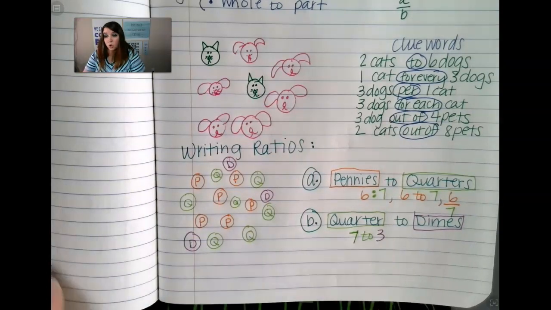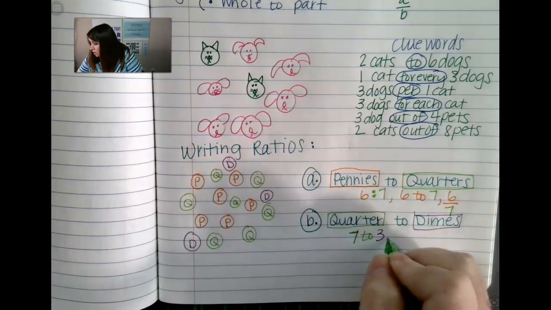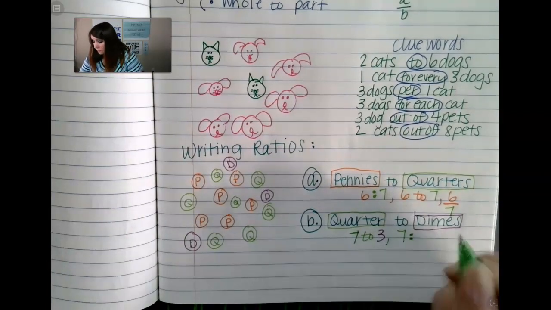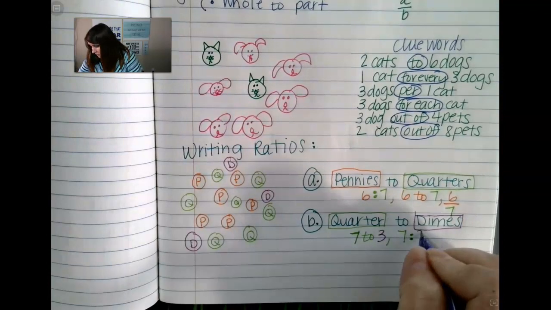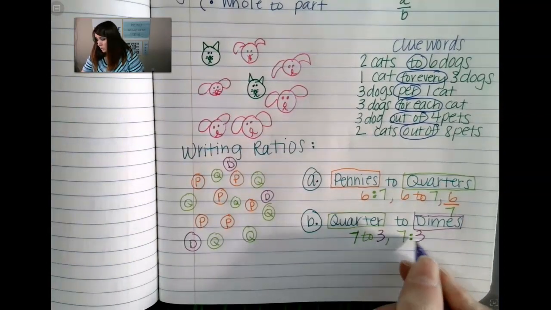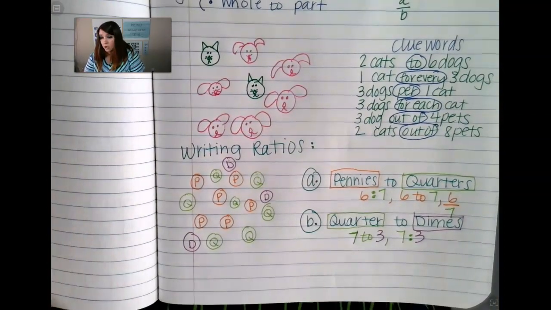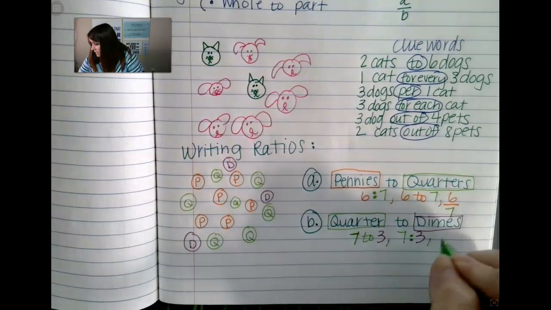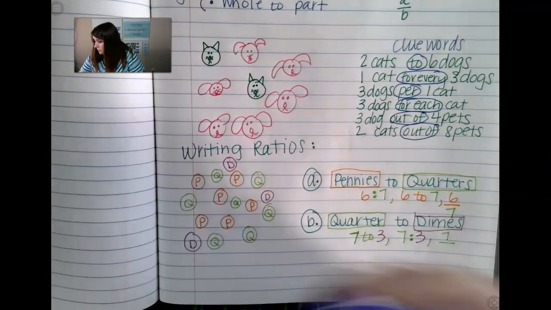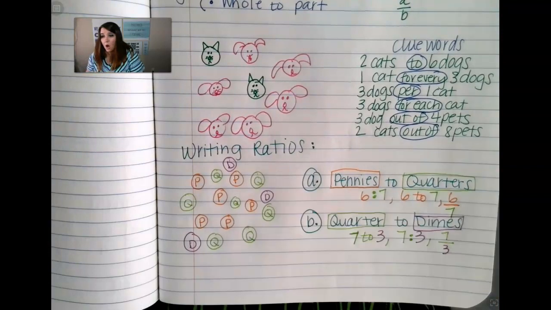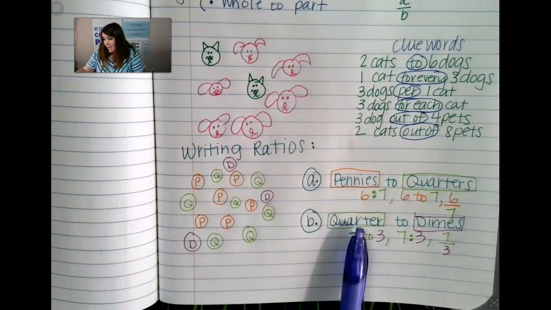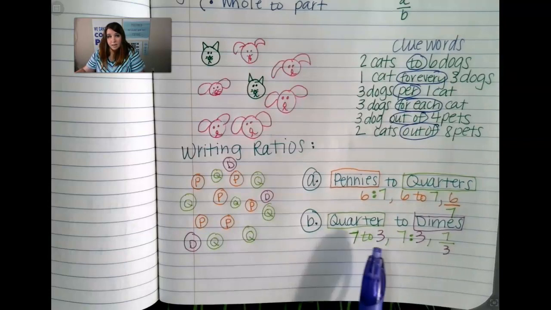You could also write it as quarters : dimes, 7 quarters, 3 dimes, or you could write it as 7/3. All of these mean the exact same thing as long as quarters came first, dimes came second.